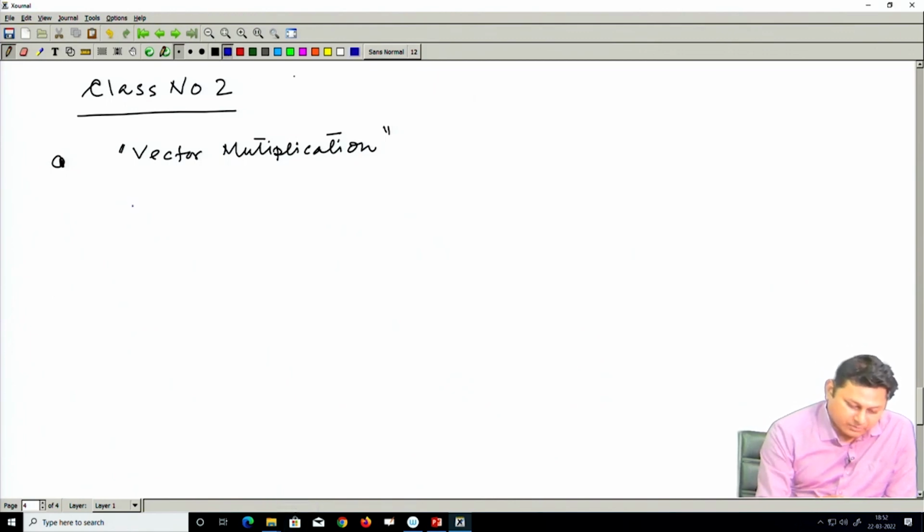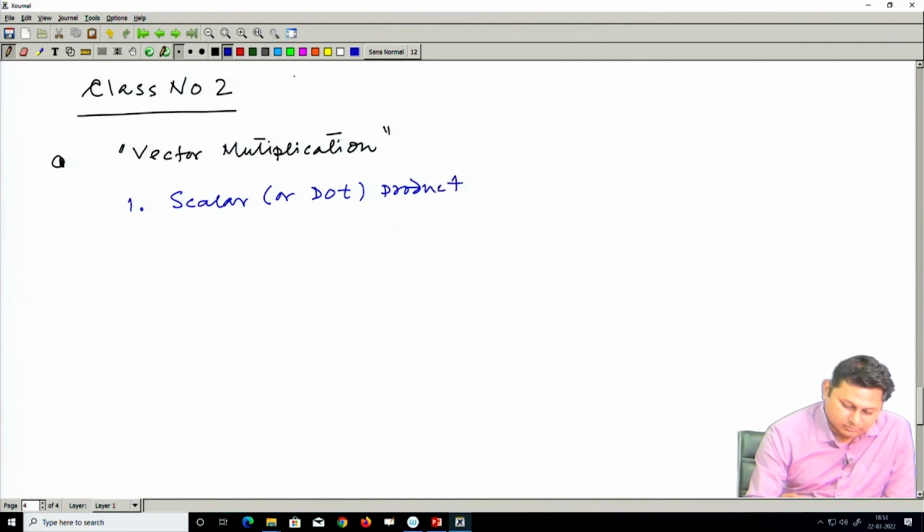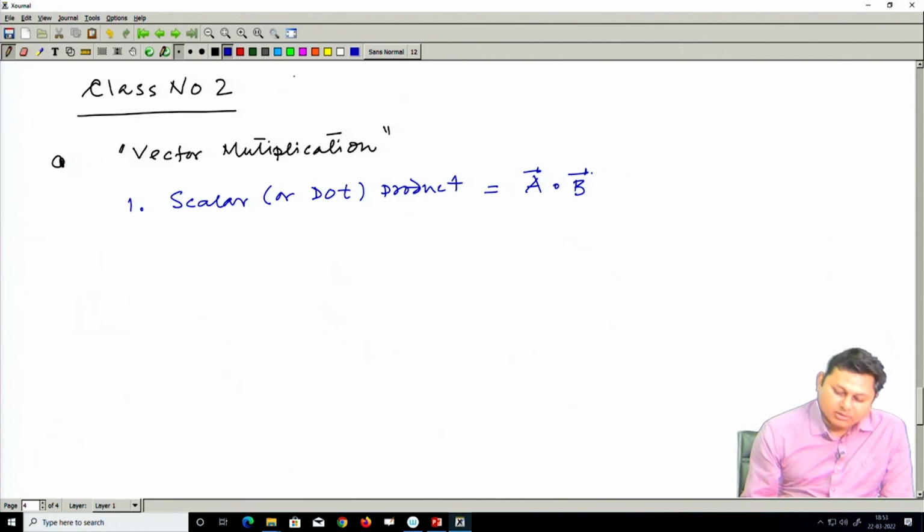One is the scalar or simply dot product, which is, if A and B are two different vectors or the same vectors, then we define this scalar product as A dot B.